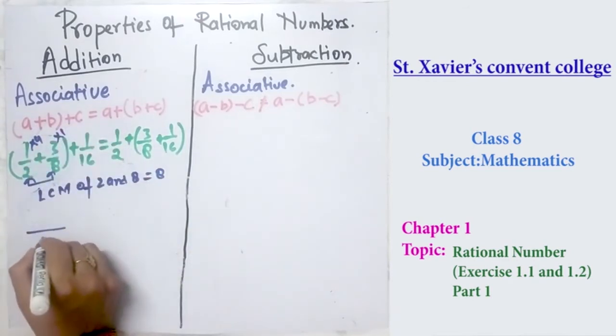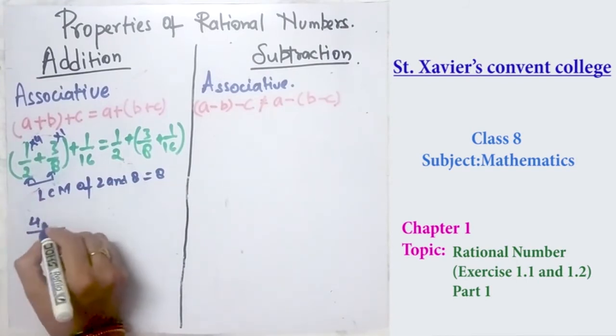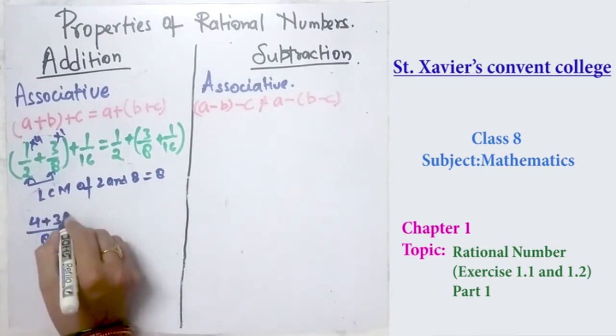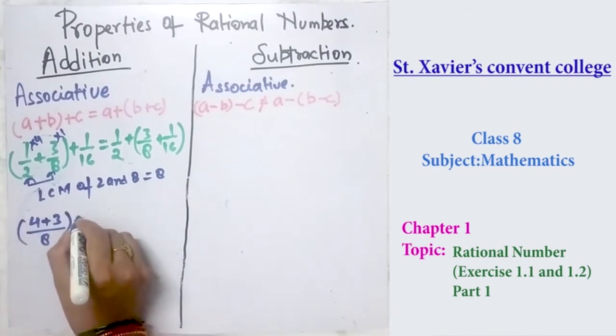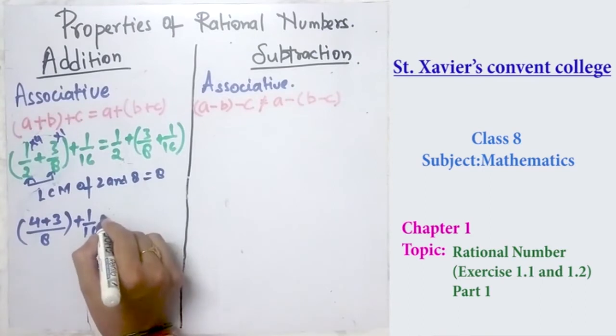So again we have an 8 over here. 4 into 1, 4 plus 3 into 1, 3, plus 1 upon 16 is equal to.